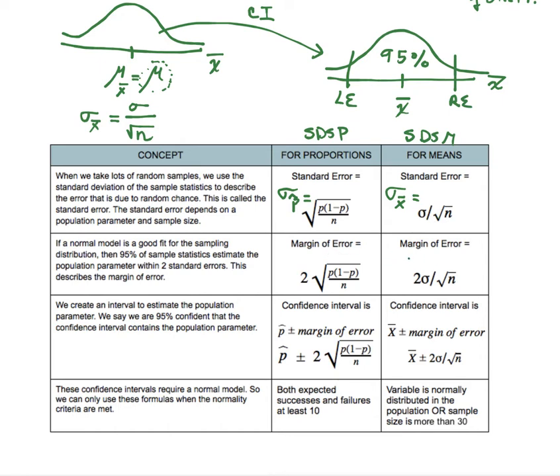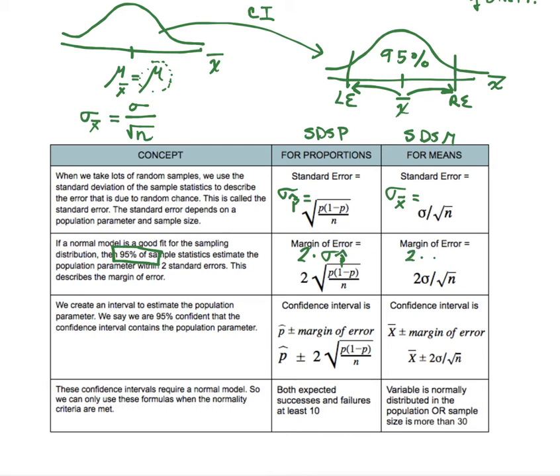Margin of error is always the distance from the center to the endpoint on either side. In a 95% interval, and only in a 95% interval, does that margin of error equal 2 times the standard error.